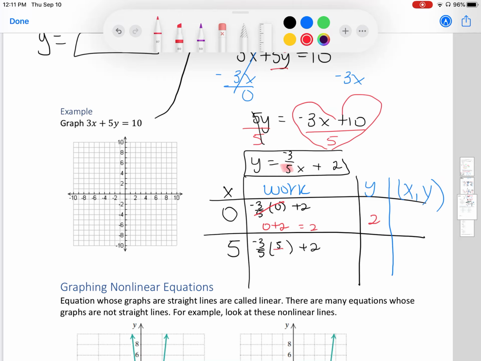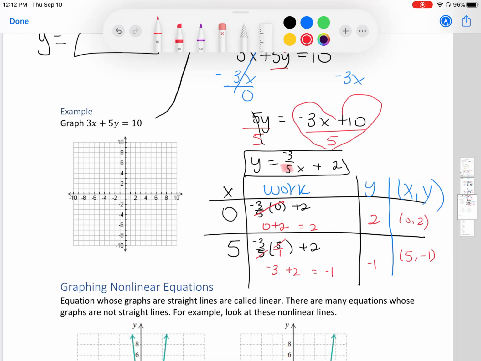If I write the 5 over 1, these 5s can be divided out. You can cross cancel, it's also called that. And we're left with just a negative 3. Negative 3 plus 2 gives us negative 1. So we're left with (5, -1) and (0, 2). All right, let's graph our line.